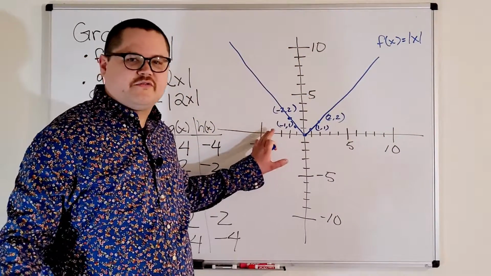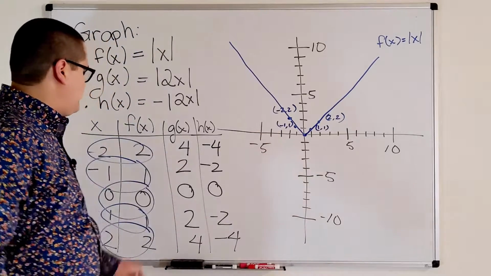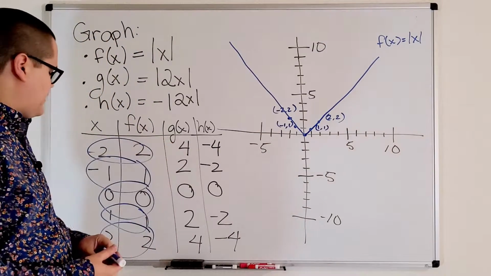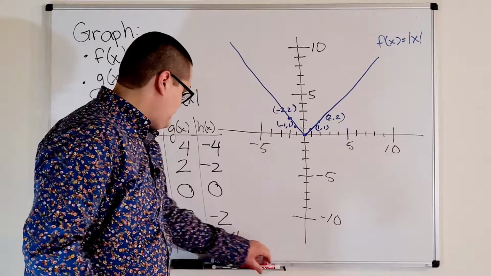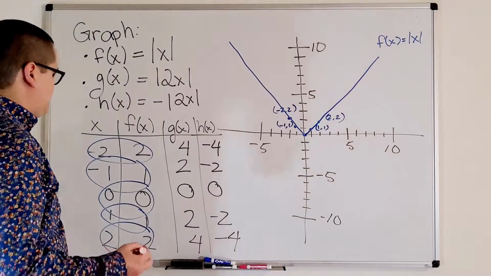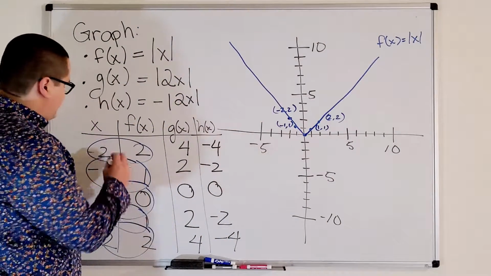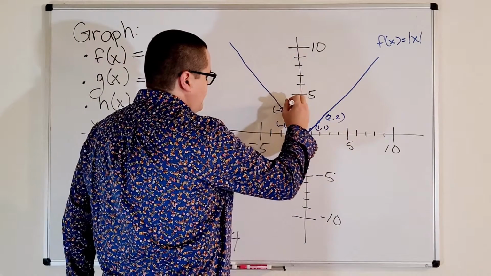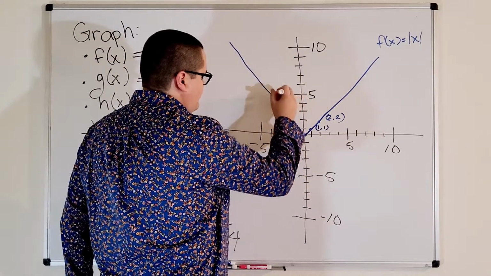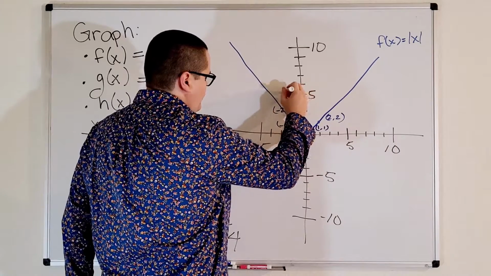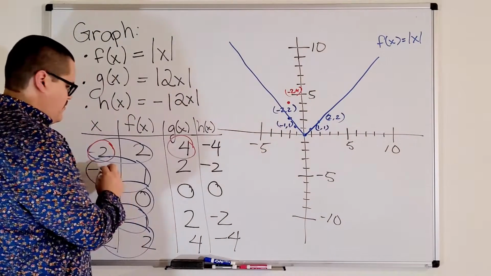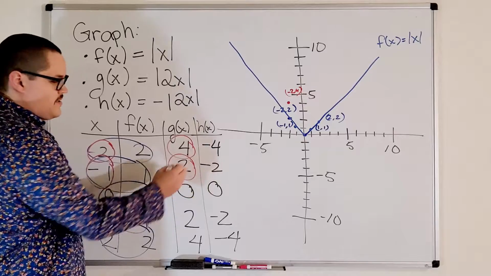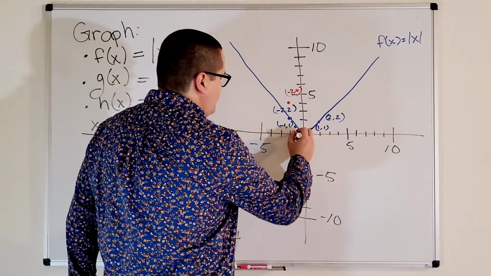V for victory. All right, on to g of x. First point, -2, 4, left 2, up 4 this time. Second point, -1, comma 2, left 1, up 2.